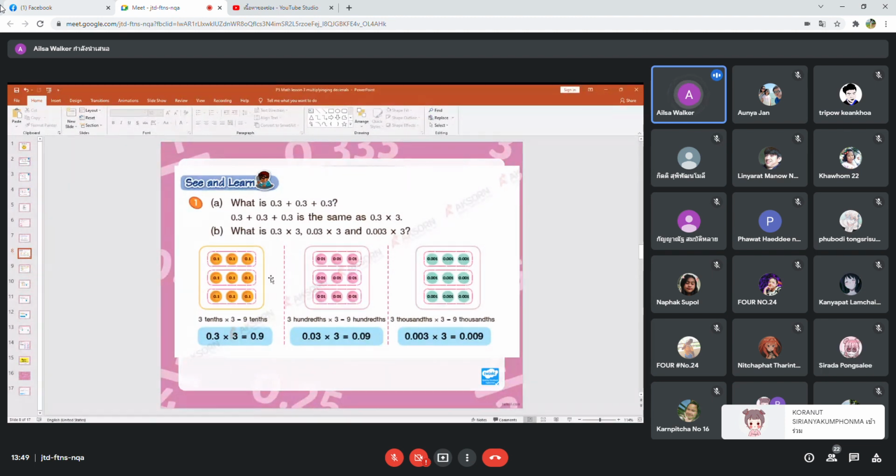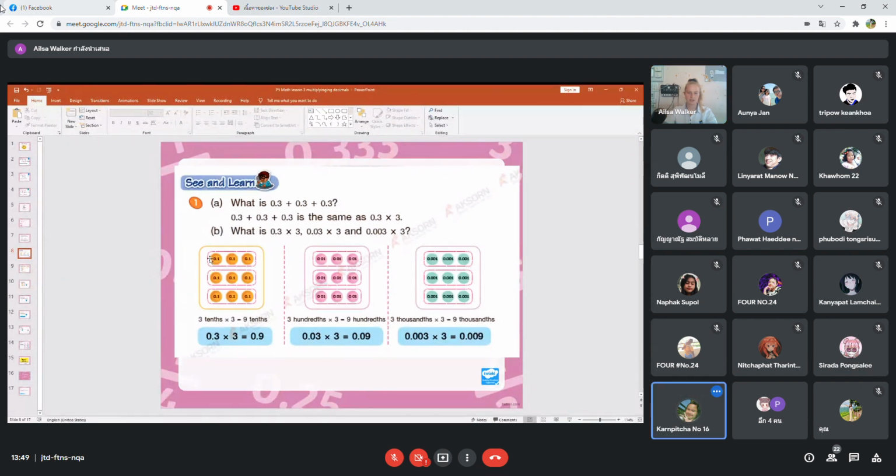So here, can you see in the orange dots, we have got 0.3 times 3. It gives us an answer of 0.9. So we have 3, 6, 9. Okay? 9 tenths, which is 0.9.